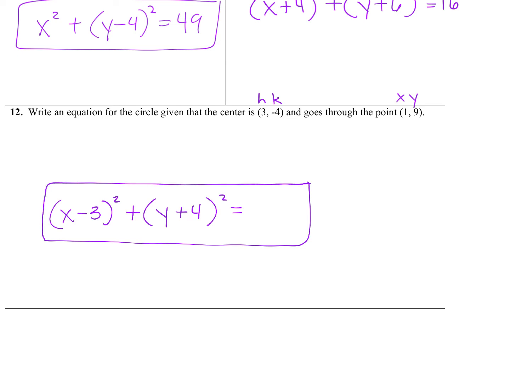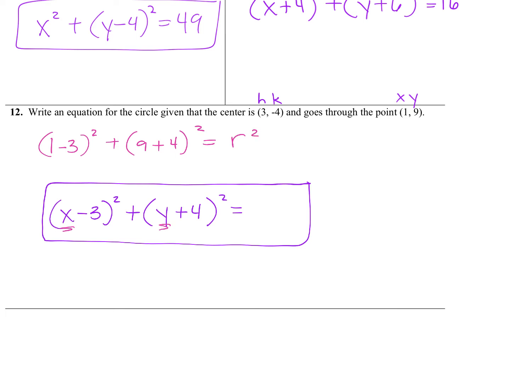The way we find it is we drop in values for X and Y. So it's going to be 1 minus 3 squared plus 9 plus 4 squared equals the radius squared.